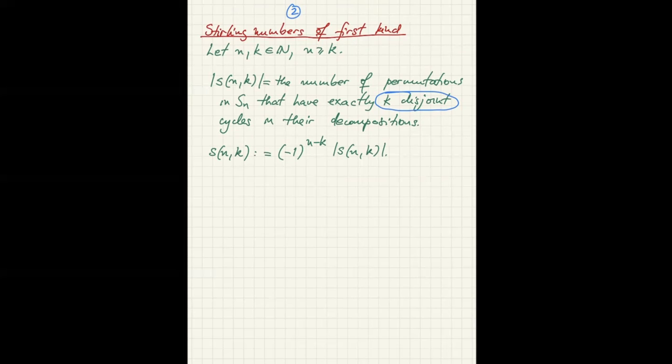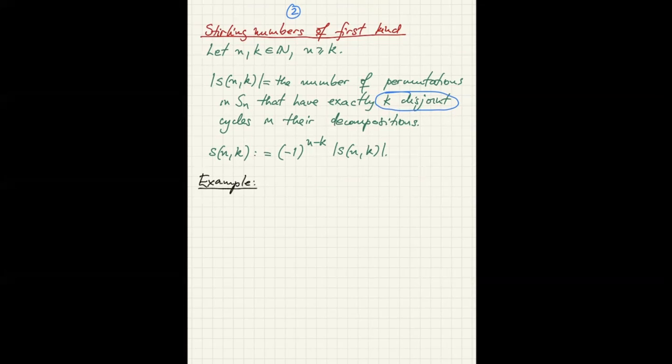And for us, we always consider a cycle to have at least two elements, like a transposition and so on. Now, in this situation, we will consider a fixed point of a permutation to count as a cycle of length 1 in its decomposition.